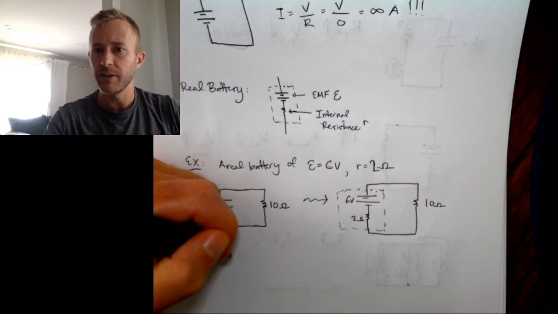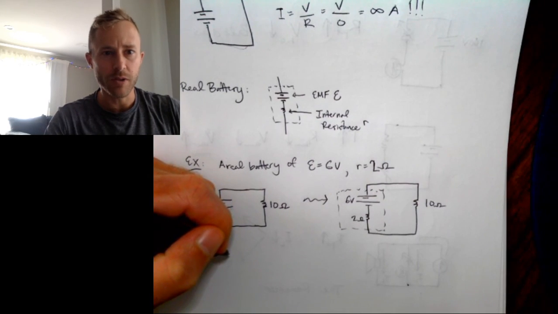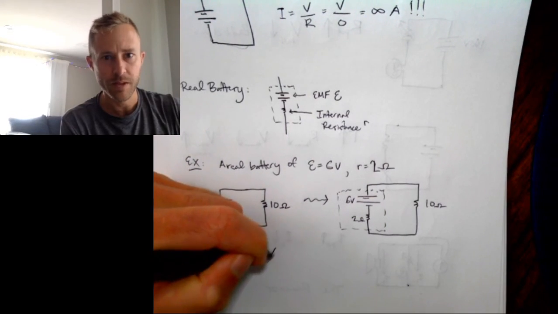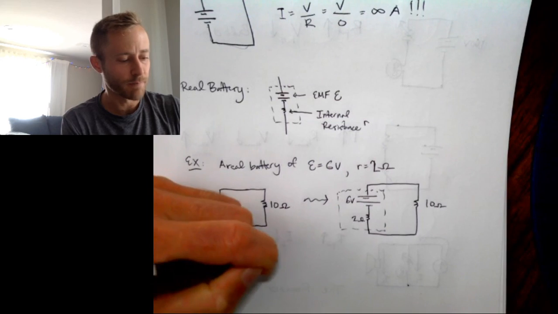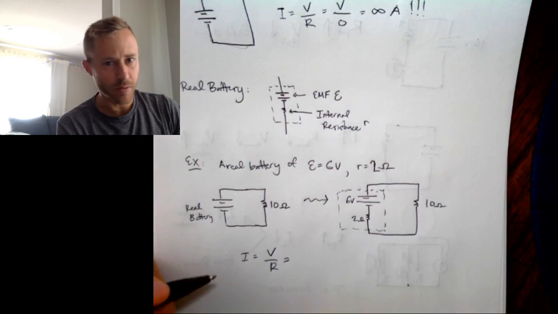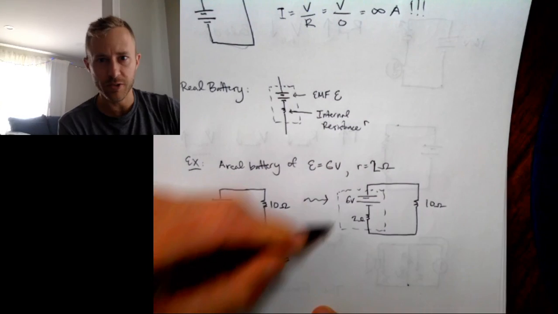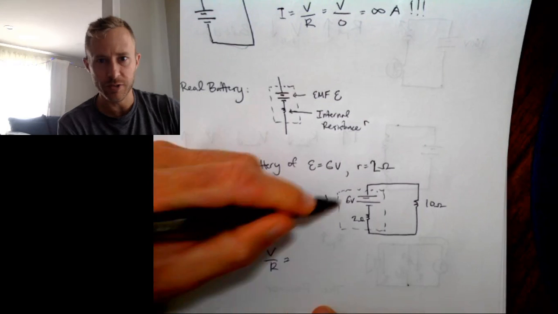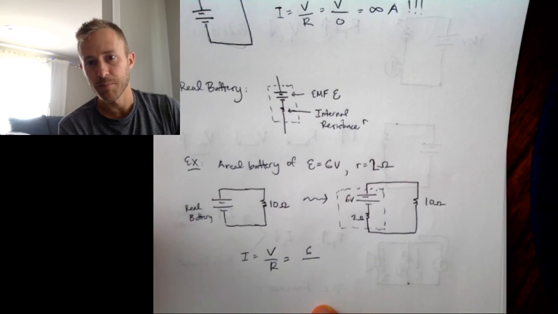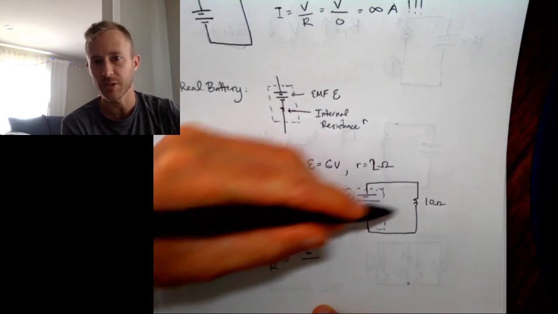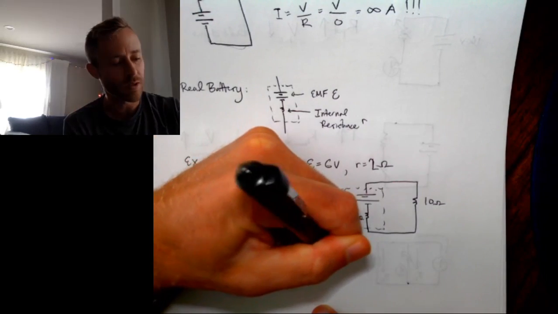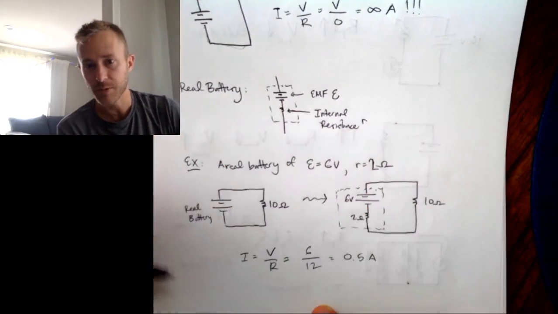If I want to find the amount of current that flows, the current is going to be V over R, and the voltage is just the 6 volts. But we also have to include the internal resistance of the battery. So the total resistance is 2 ohms in series with 10 ohms, which is 12 ohms. So that means that our current is going to be 0.5 amps.